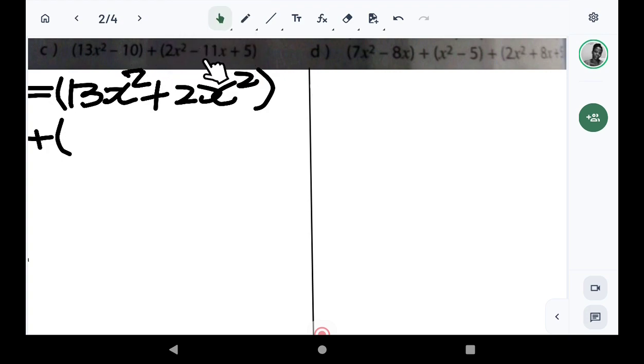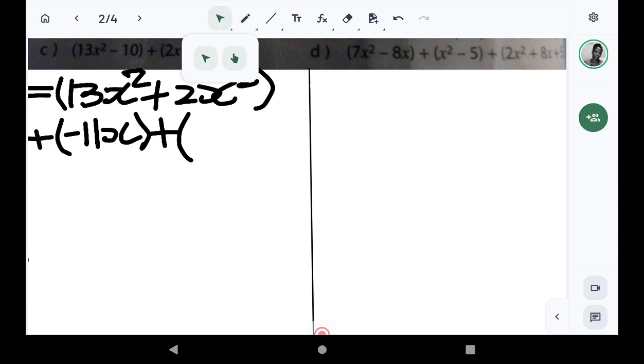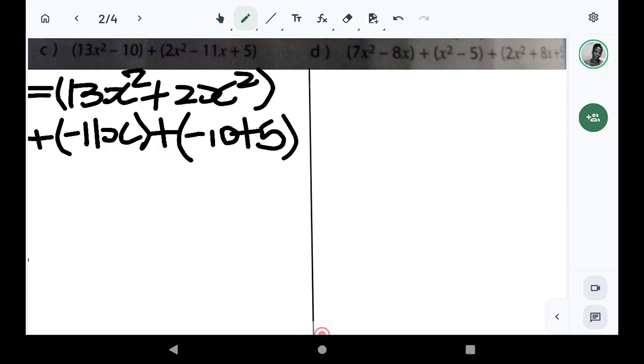So this is the only one, minus 11x, that has x. We put that in its own bracket. Plus, in brackets, we put our constants, minus 10 plus 5. Be careful to include the signs because they make a difference.